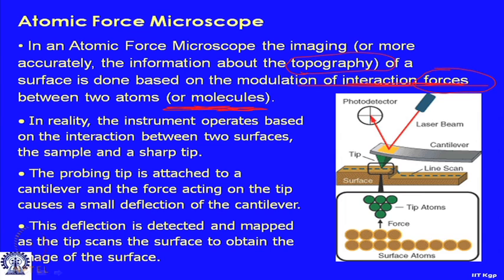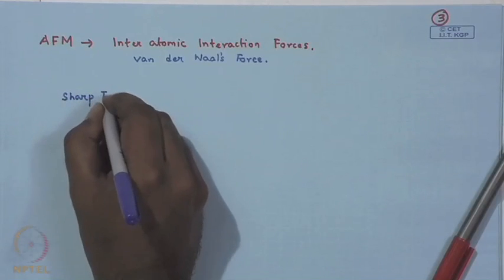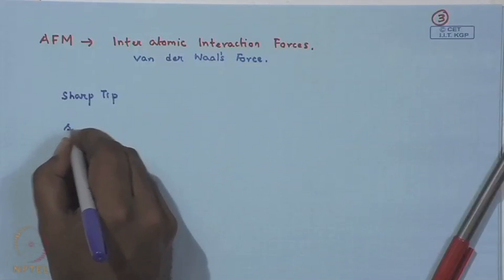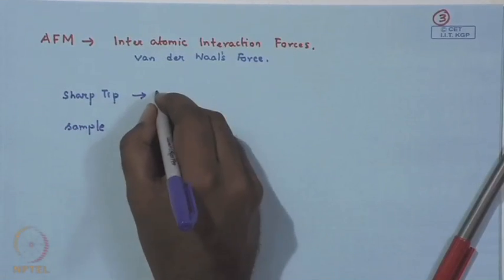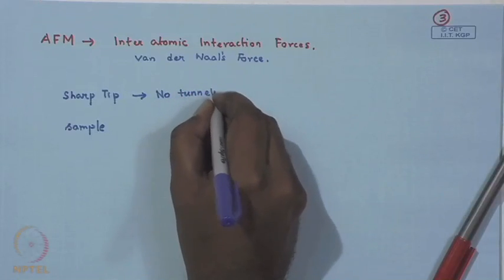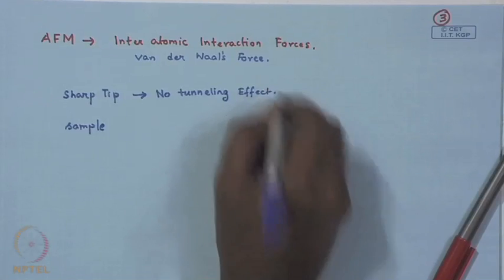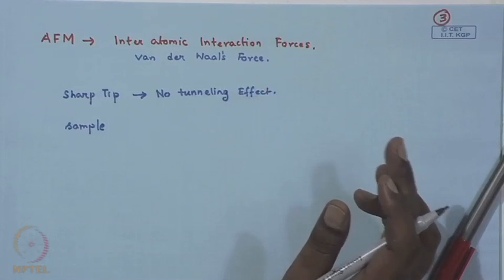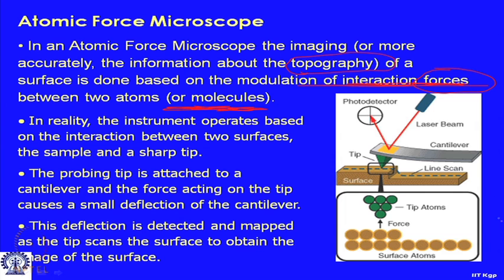So, here also you have a sharp tip and you have a sample, but unlike STM, there is no tunneling effect arising out of the tip, but we will see how exactly it differs. So, this is in a nutshell the heart of an AFM, the operating heart.